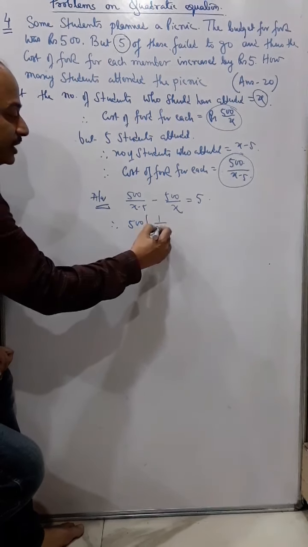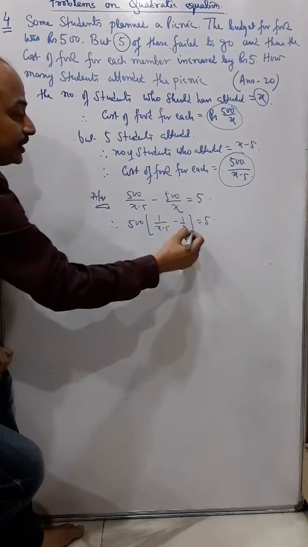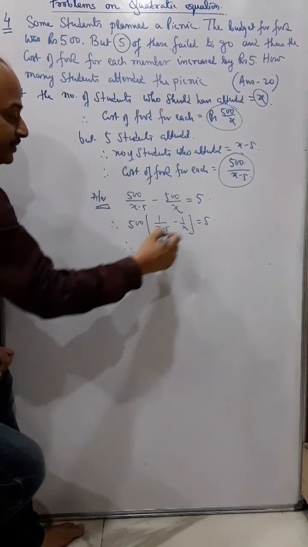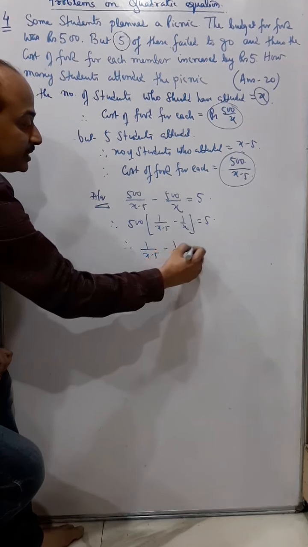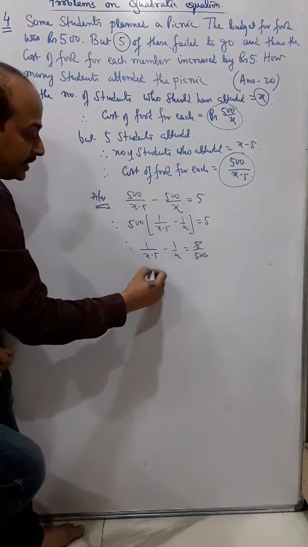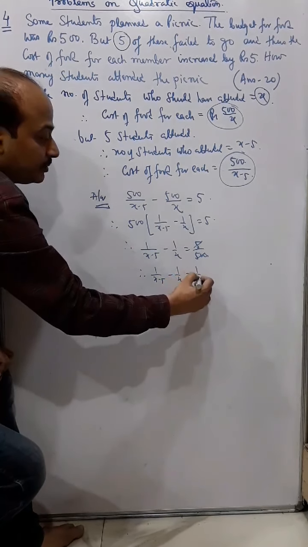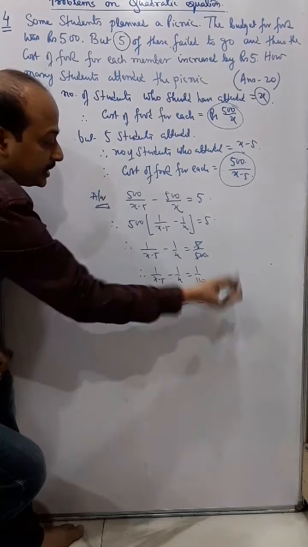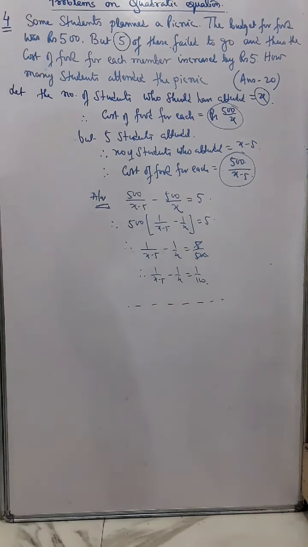I take 1 by x minus 5 minus 1 by x equals to 5. And now you can take that 500 that side. 1 by x minus 5 minus 1 by x is equal to 5 by 500. And then finally 1 by x minus 5 minus 1 by x is equal to 1 by 100. And now after taking LCM, you can get the value of x from here. Okay.